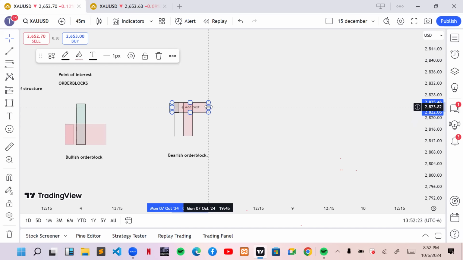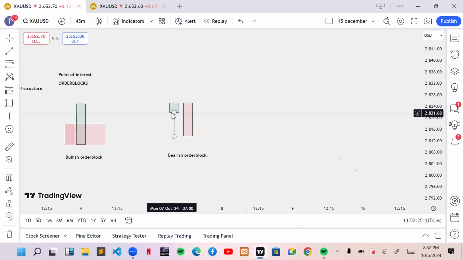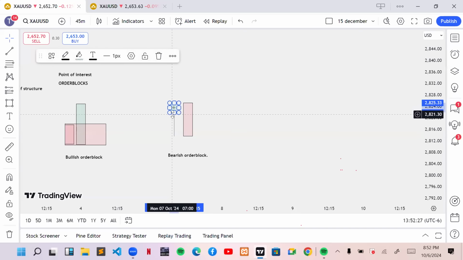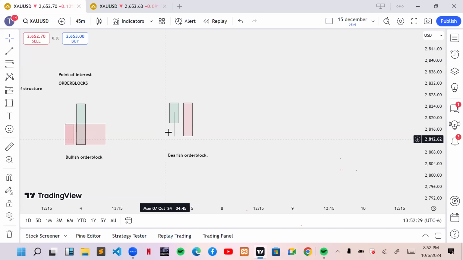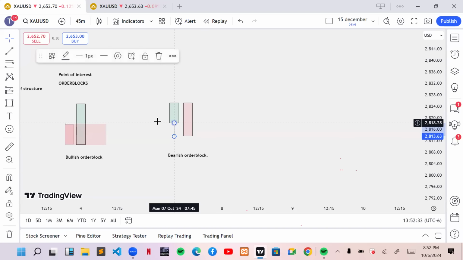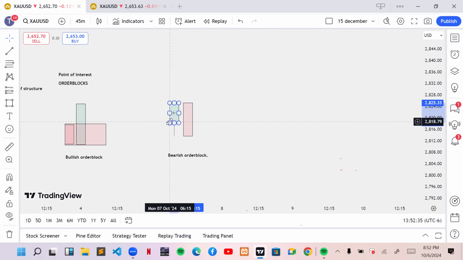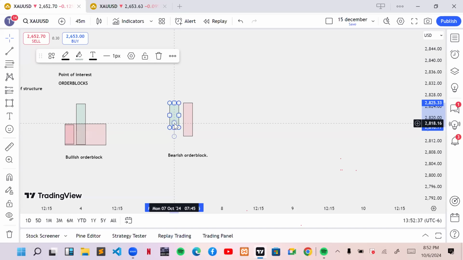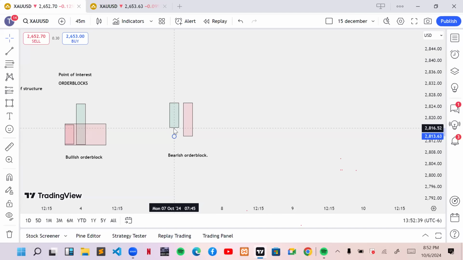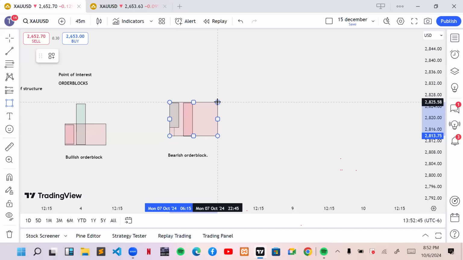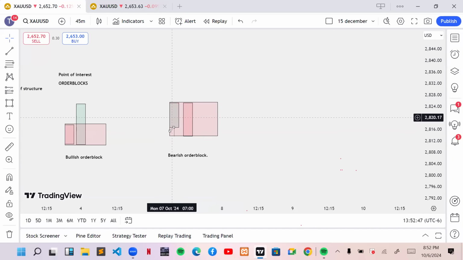You understand? So if the wick of the order block is longer than the body, you pick your entry from the body. Or in a situation where the wick is smaller than the body, for example, this is the body and this is the wick. So the body of the order block is bigger than the wick. If you're picking your entry, pick your entry from the wick of the order block. Do you understand? Because in this case, the body is bigger than the wick.